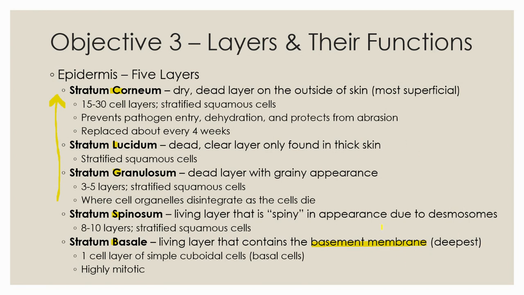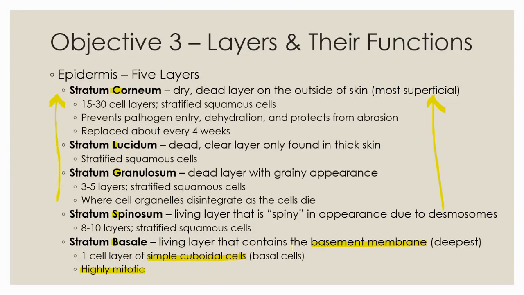Now, all of these layers up here from the stratum spinosum, these are all going to be stratified squamous cells, which means multiple layers of flattened cells. But down here in the stratum basale, you actually have simple cuboidal cells. And these are the cells that are going to be constantly making the new skin cells. They're going to be highly mitotic, so we have the cell cycle constantly ongoing there, producing the new cells.